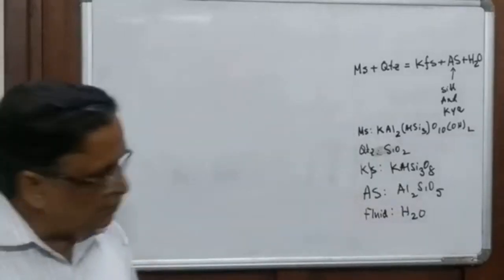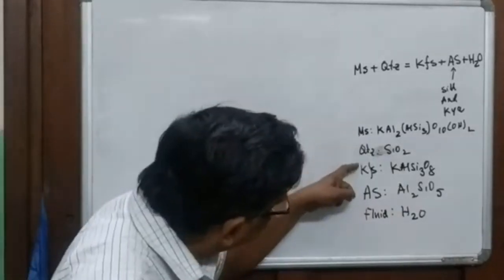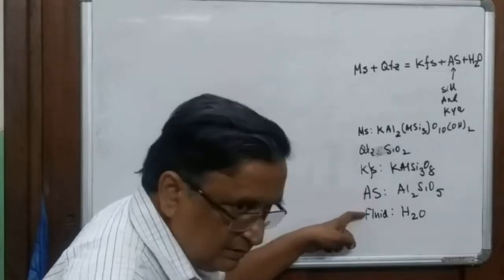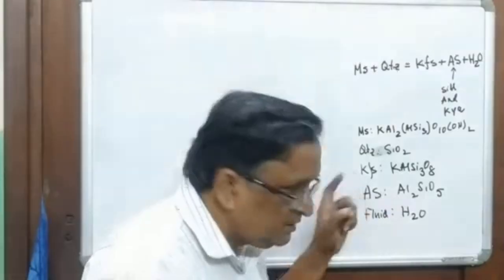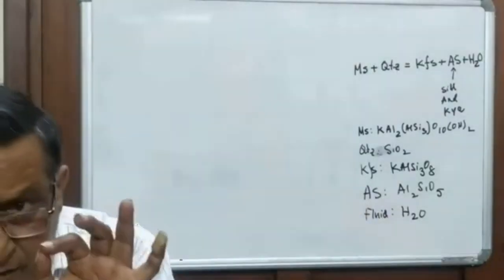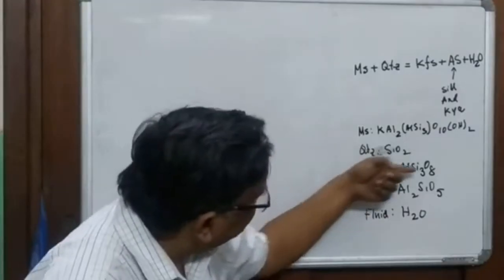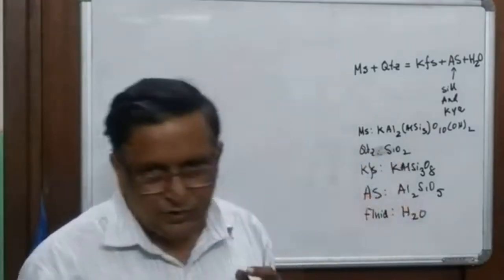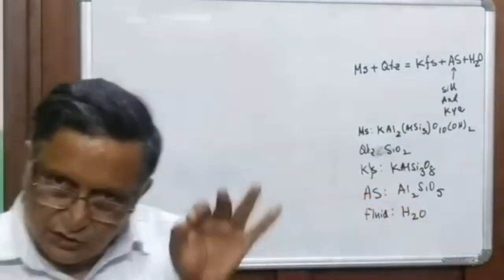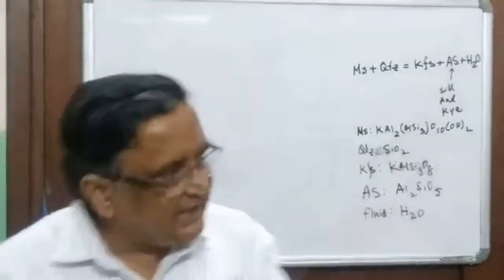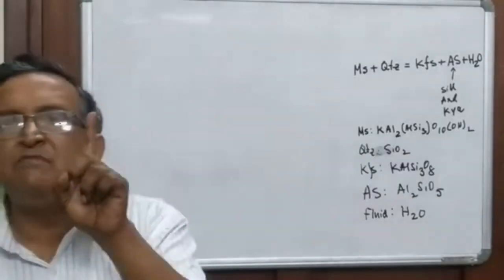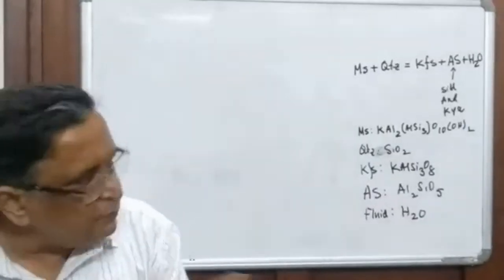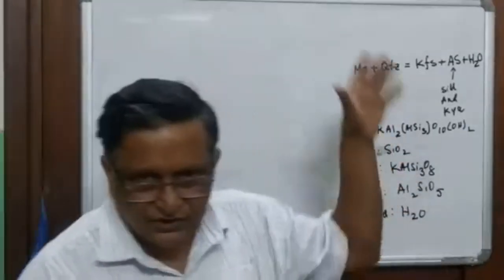These are phases, and these are formulas, meaning phase components. All of them are taken to be pure, and that is why I have written only one end member component. I have not put in any variations in this.